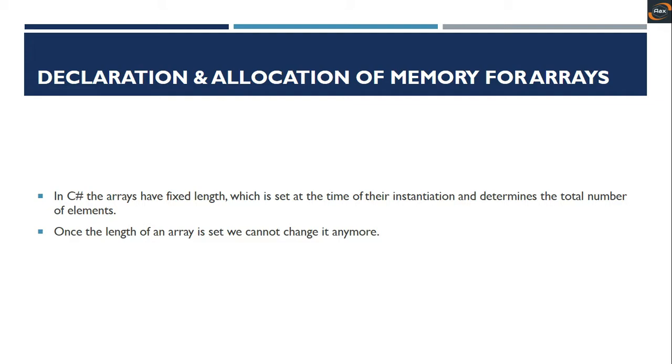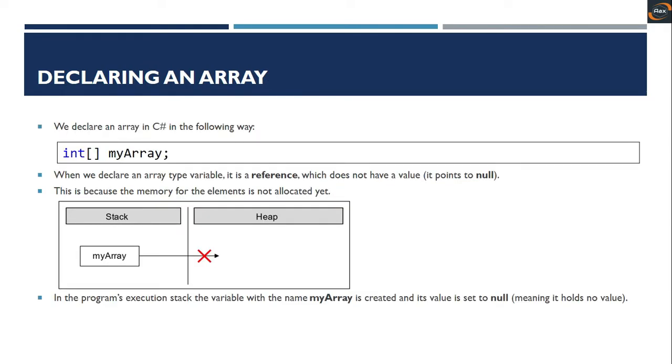Let's see how we can declare and allocate memory for arrays. First, we have to specify its type. Then, if it is one-dimensional, let's say a vector, you have to use these square brackets, then the name of the array. This is the declaration.